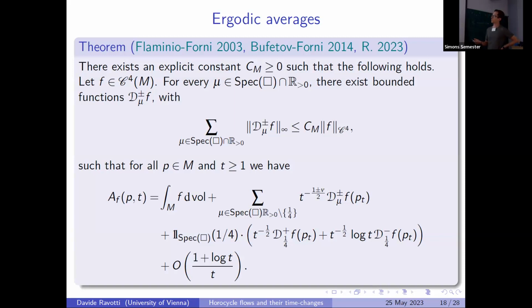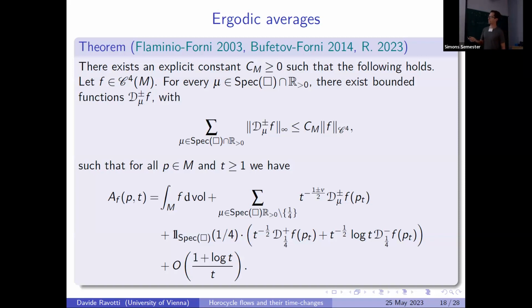Now you look at the whole spectrum of the Casimir operator, which is positive and coincides with the spectrum of the hyperbolic Laplacian. So you have a sequence of eigenvalues diverging to infinity. For any such mu, you can find two bounded functions. These are precisely the bounded functions I showed you before.